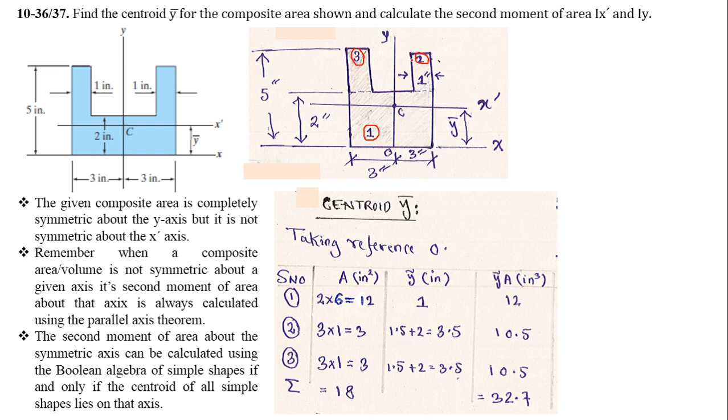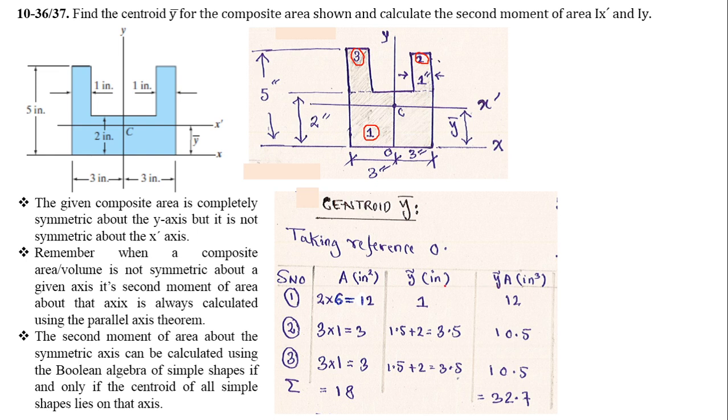And similarly for shape number 2 and 3, you know that this is 3 inches, so its centroid will be located at 1.5 inch, and then you have to add this 2 inch, because you are measuring everything from the origin. So you have to add this 2 inch plus 1.5 inch, that makes 3.5. So 3.5 inch for shape number 2 and 3 measured from point O.